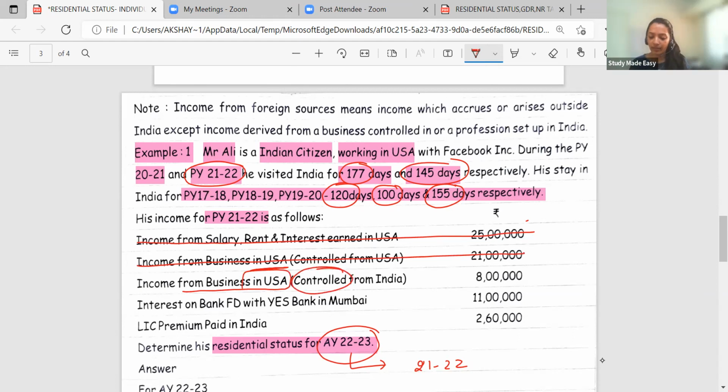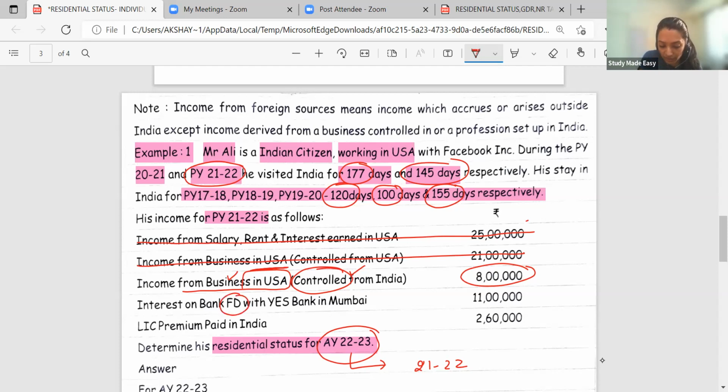There is a concept we will come to know that is deemed to accrue or arise in India for resident and not an ordinary resident. If you have business and that is controlled from India, this income will definitely be included. Just because you have not studied the scope of income, so just remember, yes, India se control hai na, the control is from India. So that means the nexus is in India. Your income has a nexus in India.